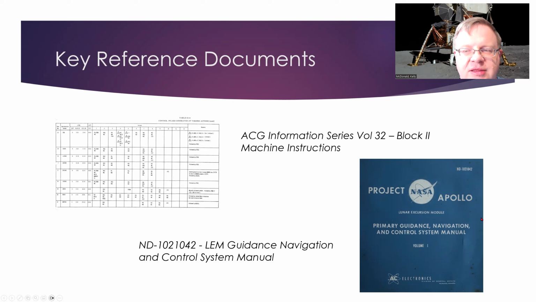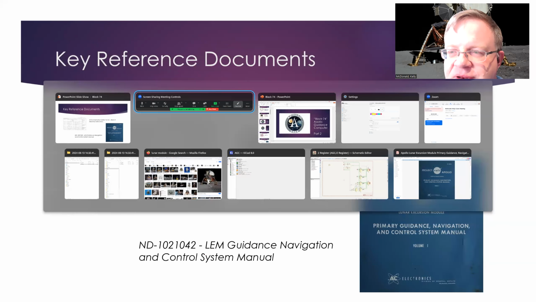And then there's the holy grail, if you will, the ND-1021042, the LEM guidance navigation and control systems manual. I'll just quickly flip those up so we can take a look at those.